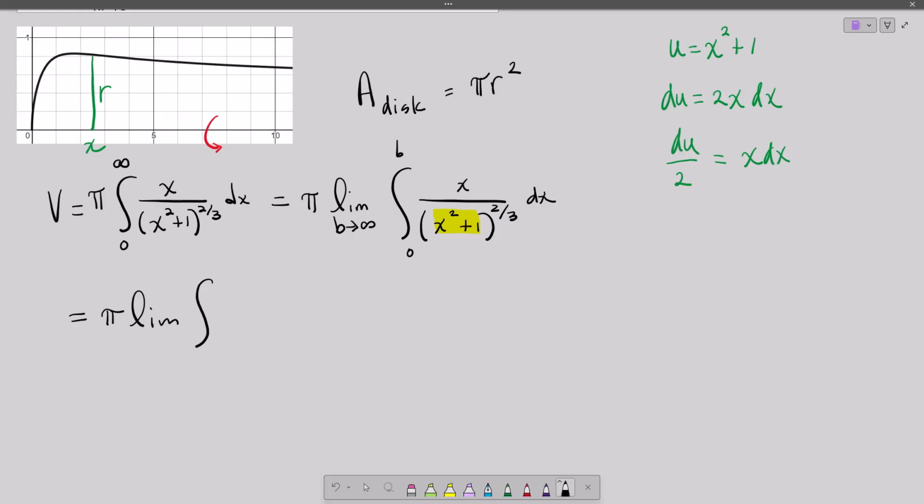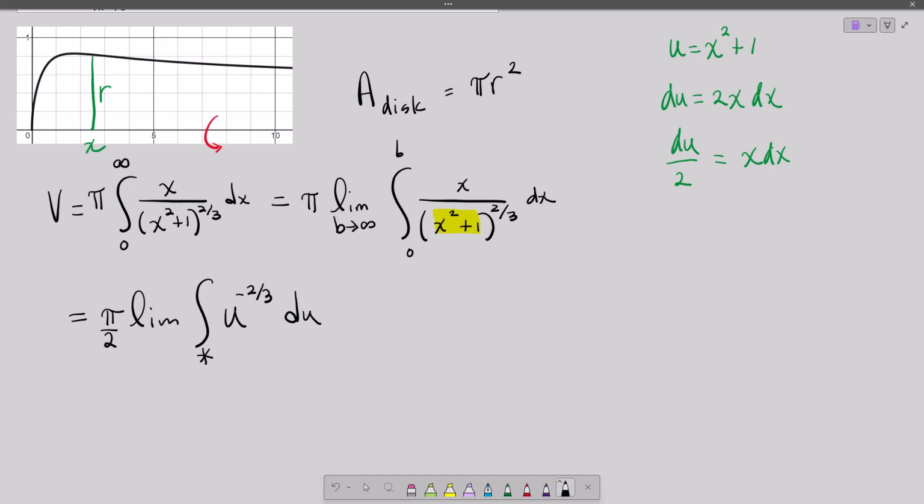We're letting u be down in the denominator, so it's going to be u to the negative 2/3 if we pop it up top. And then x times dx is du over 2, so we're going to put a du on the inside and we can put an over 2 on the outside. We can factor that constant out to the front.